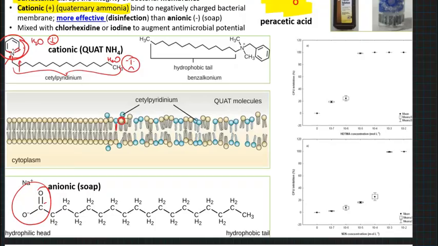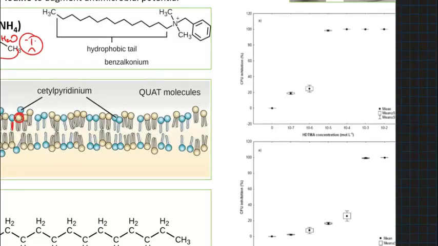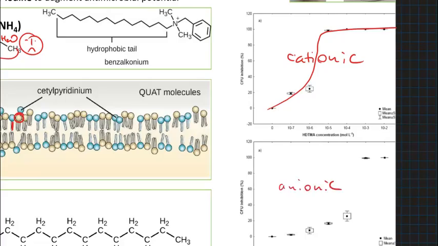While the quaternary ammonia, the cationic compounds, actually better control. This is not the greatest illustration, this graph, but basically this is cationic, and you see it goes up faster, and this is anionic, and it takes greater concentration to start killing. Okay?